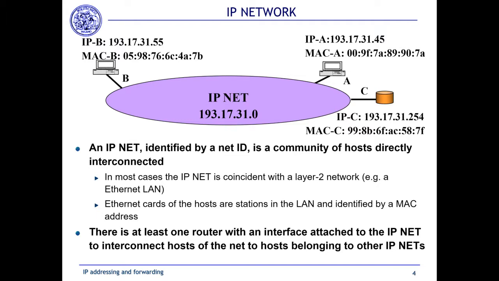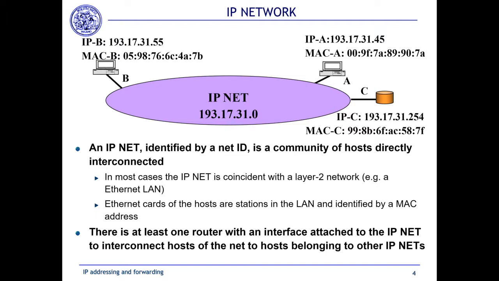So, for example, if you see the picture above and we only refer to the logical meaning of IPNet, the IPNet identified by the network prefix 193.17.13.0, which is 24 bits long, so it's a network prefix of length 24, represents the block of addresses that goes from 193.17.32.0 to 193.17.32.255.